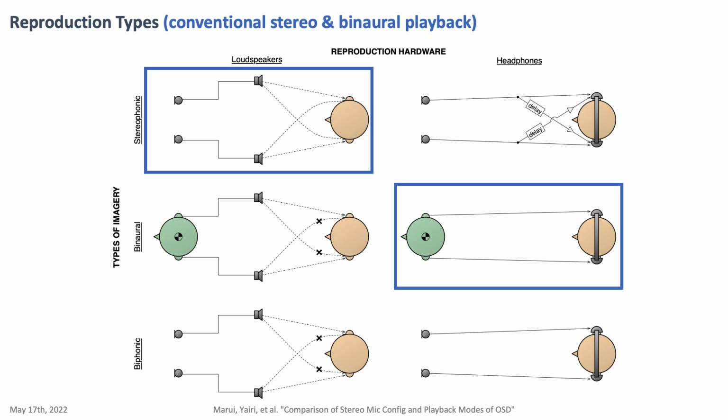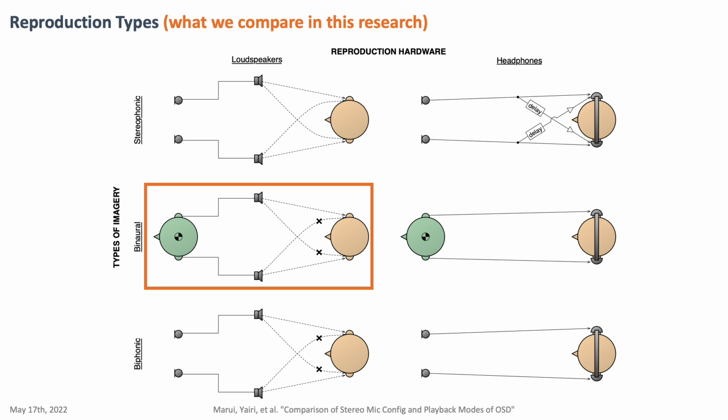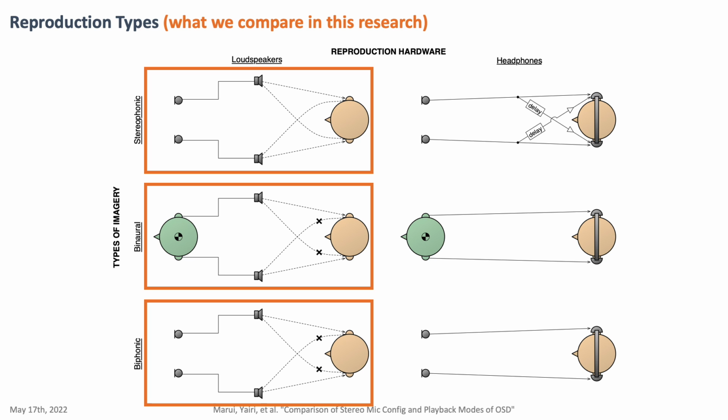This is binaural playback. With crosstalk cancellation system, we can listen to binaural contents without headphones. What we would like to see is the comparison of stereo recording and binaural recording played back on crosstalk cancelled loudspeakers, as well as conventional stereo playback.